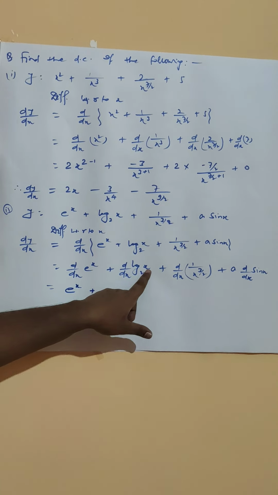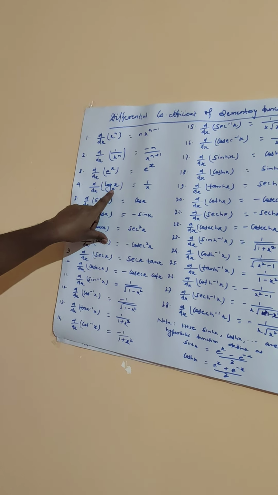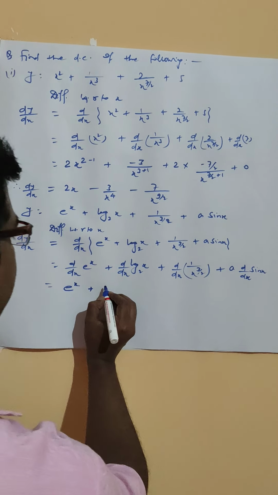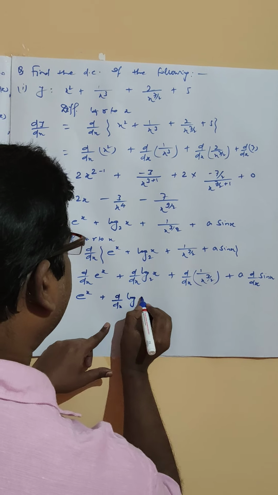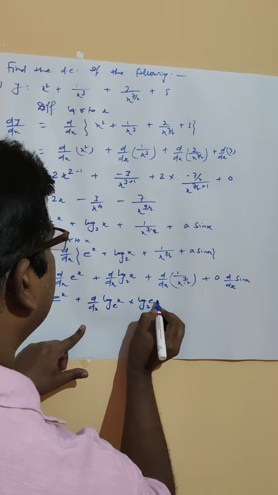Now the next term, log x base 2. This is not in the direct standard result. The derivative of log x base e is 1 by x, but here it is log x base 2. So at first we have to change the base, log x base e into log e base 2.